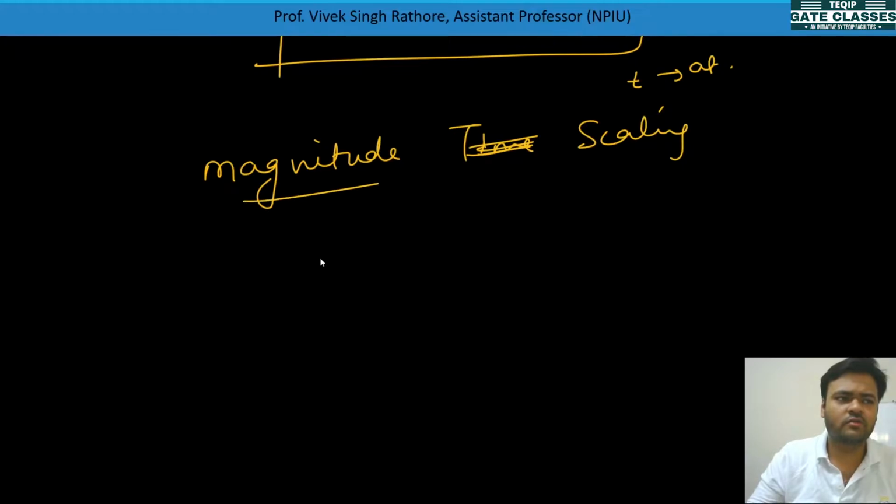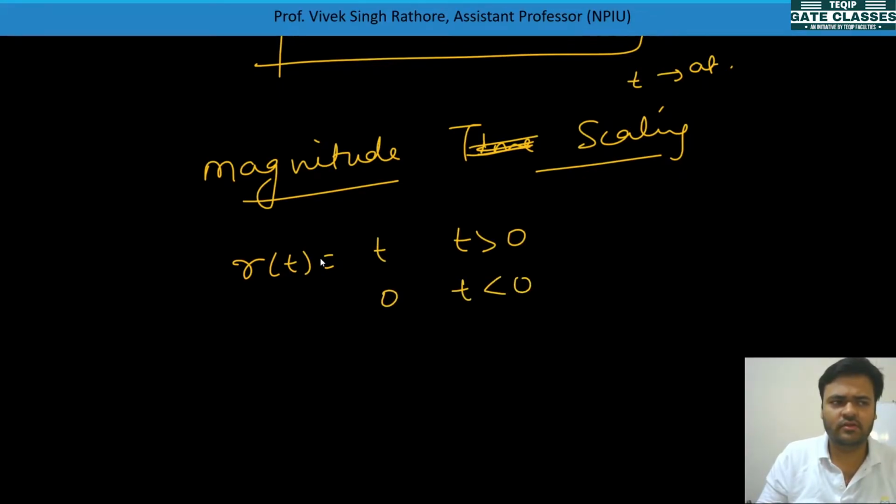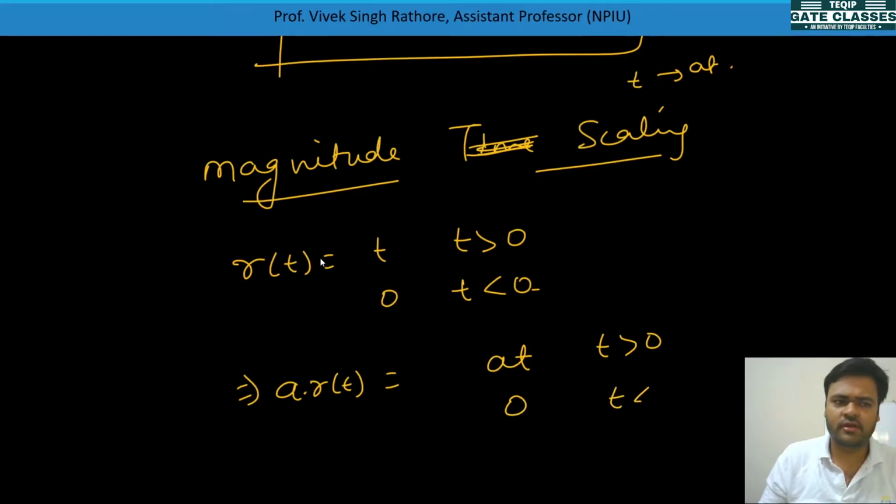If r(t) is t for t greater than 0 and 0 for t less than 0, and we multiply a in front of it, we get a times r(t) equal to a times t for t greater than 0, and 0 for t less than 0.